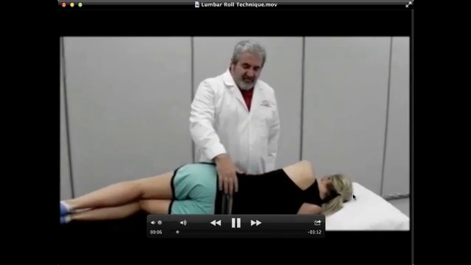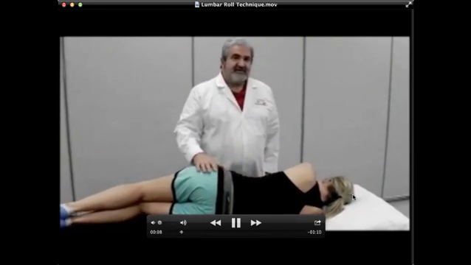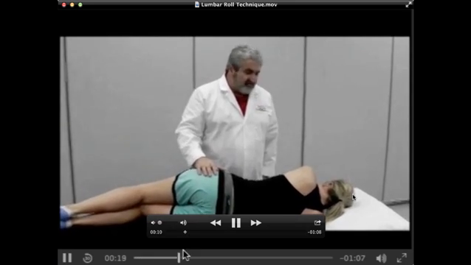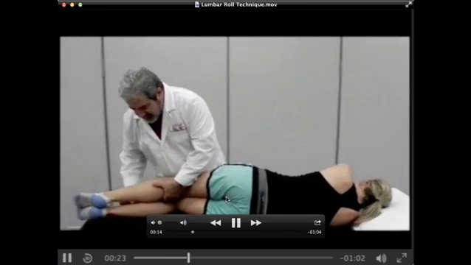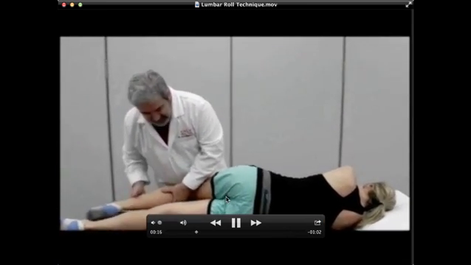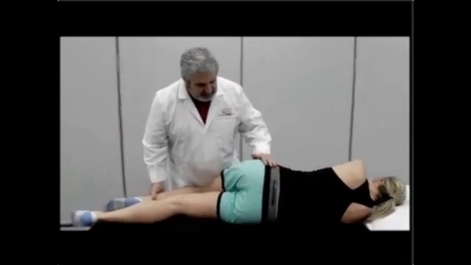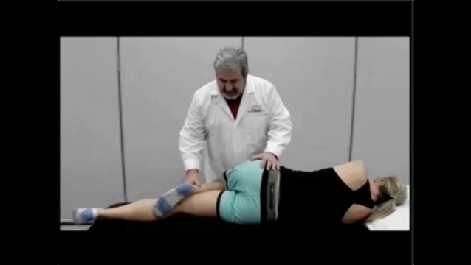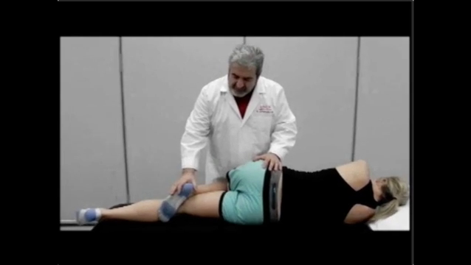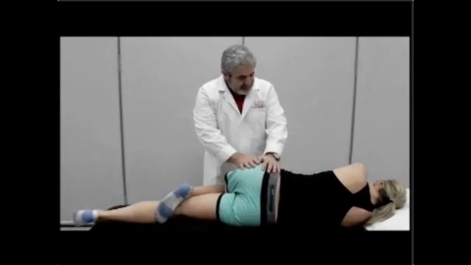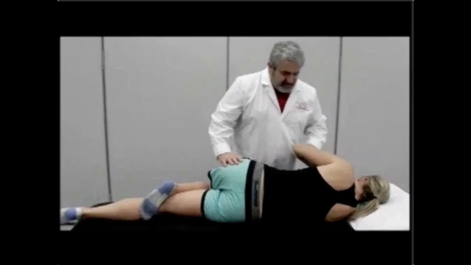This is a high velocity technique, so the force needs to be rapid, smooth, and not beyond the physiologic range. So we can see the beginning of the positioning is the bottom leg is extended at the hip and the top leg is flexed at the hip. Usually the foot's placed in the nook of the knee there. And then the person is inducing some slight amount of rotation of the lumbar spine.